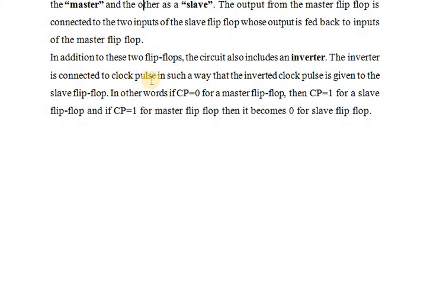The inverter is connected to the clock pulse in such a way that the inverted clock pulse is given to the slave flip flop. In other words, if clock pulse Cp equal to 0 for a master flip flop, then Cp equal to 1 for a slave flip flop, and if Cp is 1 for master, then it becomes 0 for the slave flip flop.